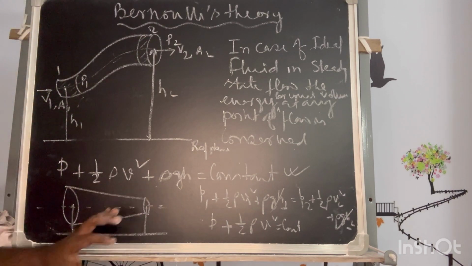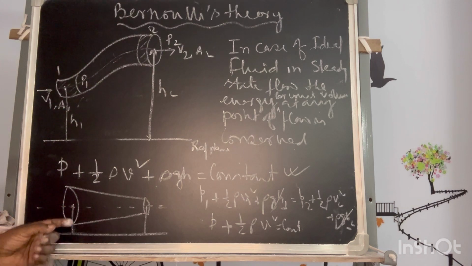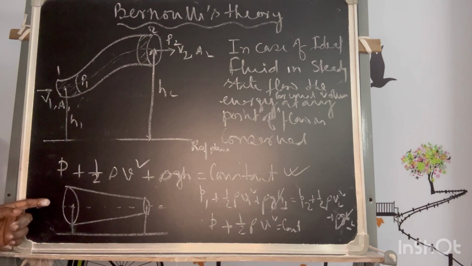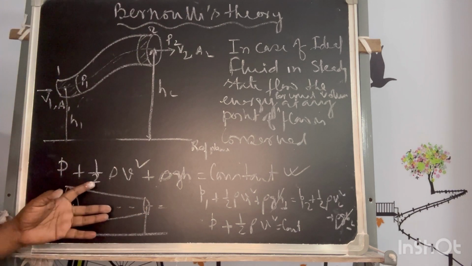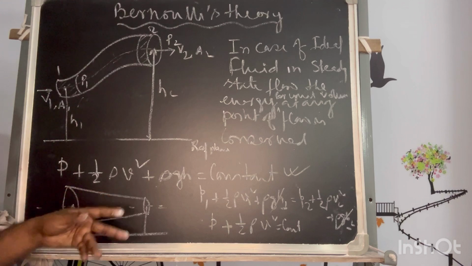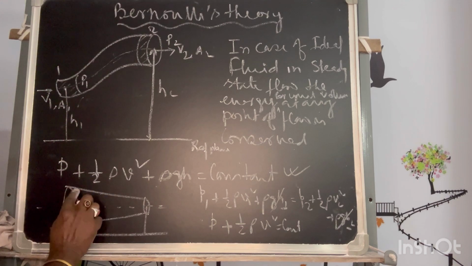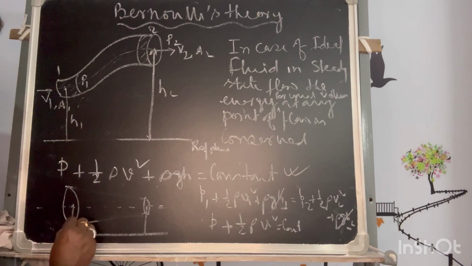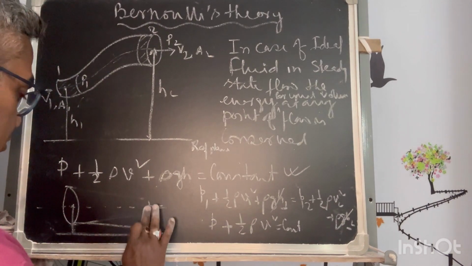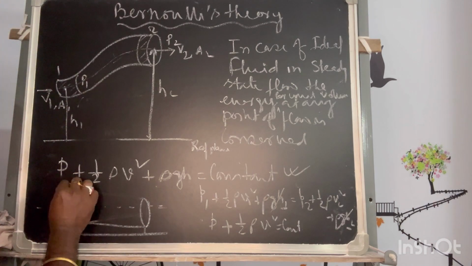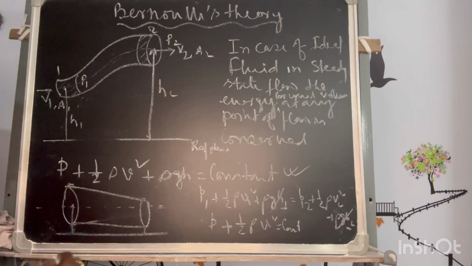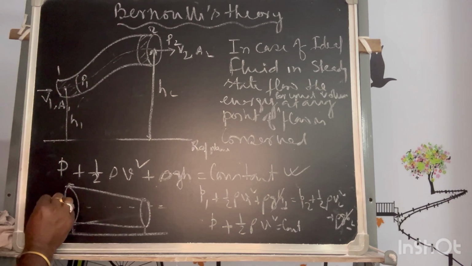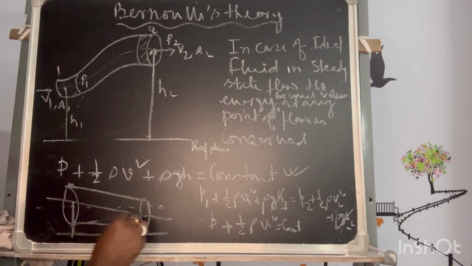If it is a uniform shape, the mass flow will not deviate, because it follows the same center line path of the body. But if it is not uniform, then it will be different. Say this is horizontal, but at this end there is a height. In this case, it will not follow the center line. It may follow this path, so the height will be different.